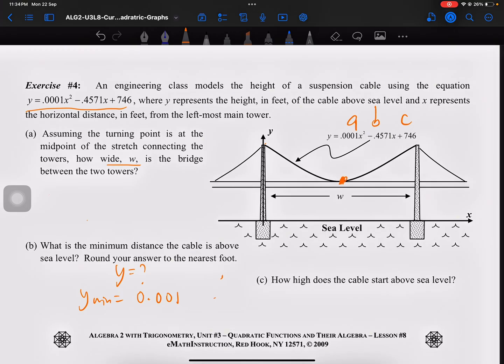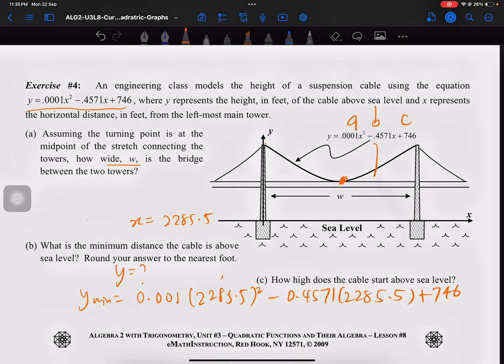We substitute the x that we got just now from the turning point, 2285.5, for all the x.